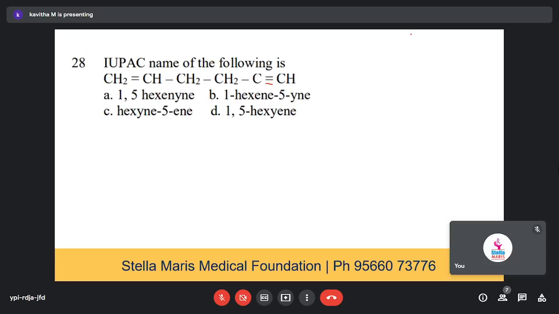Right to left, ma'am. So whichever we end the name with, that should be given the lowest number. Am I right? Yes, ma'am. In the priority order, first comes the double bond and then comes the triple bond. That is the priority order.